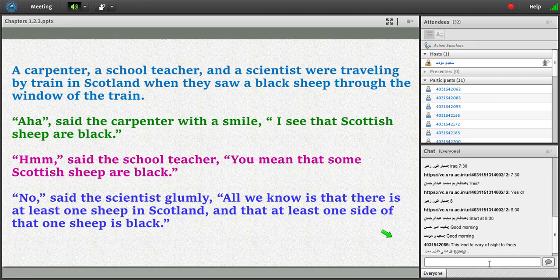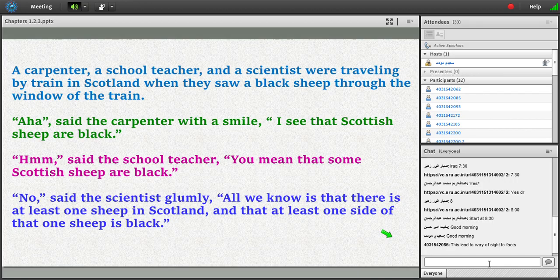So any of you, this leads to a way of sight to facts. That's right. So we can see the carpenter said something, just guessed it, and it had generalization, but the scientist was cautious, careful.